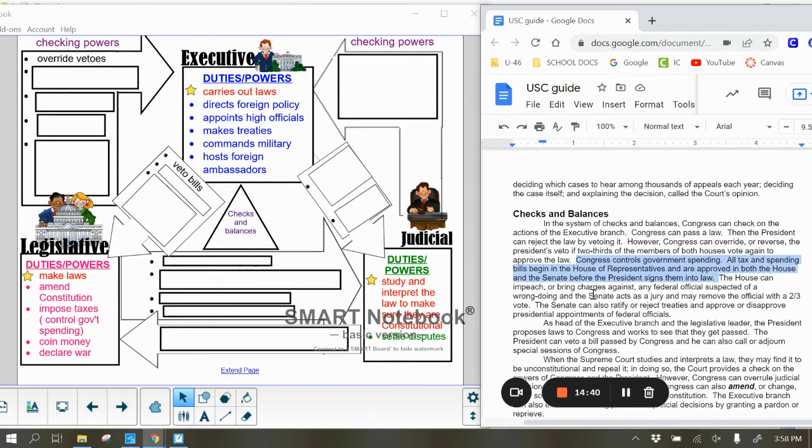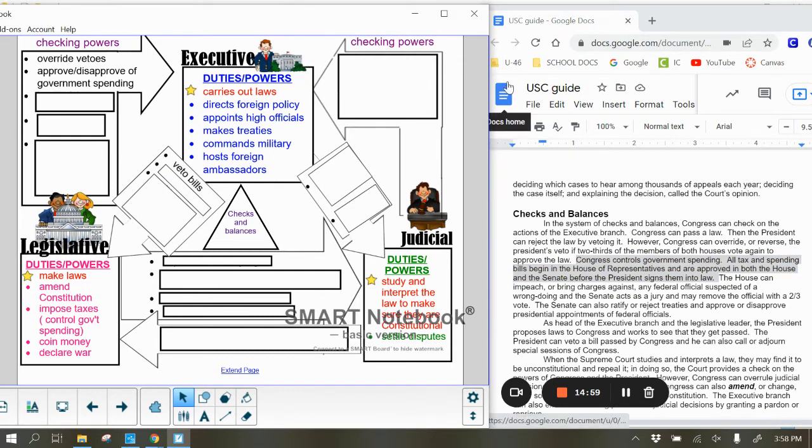So who is it that is going to be wanting to spend money? It's going to be the executive branch. So they have that power to impose, control government spending. So that means that they approve or disapprove of government spending. The legislative branch does that.